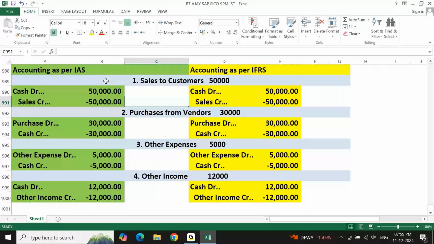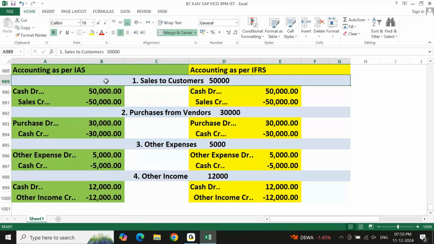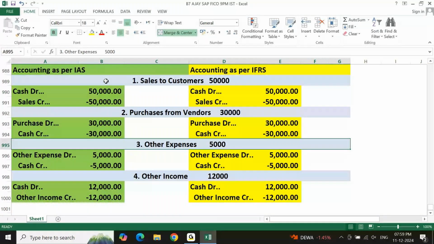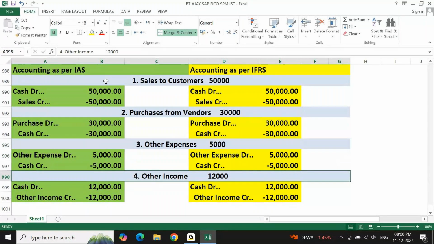The reason I am writing 50,000, 30,000, 5,000, 12,000 everywhere is that this is coming from my transaction. My transaction says sales made to the customer 50,000, purchases from vendor 30,000, expenses 5,000, income 12,000. This is called the original transaction value or original transaction currency amount.